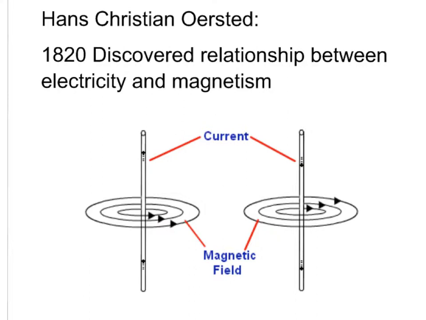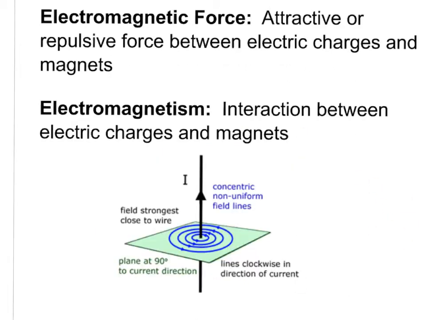Also, the strength of the magnetic field can be increased if we increase the current in the wire, and the strength of the magnetic field is higher as we are closer to the wire. The strength of that magnetic field decreases as we get further away from the current-carrying wire.